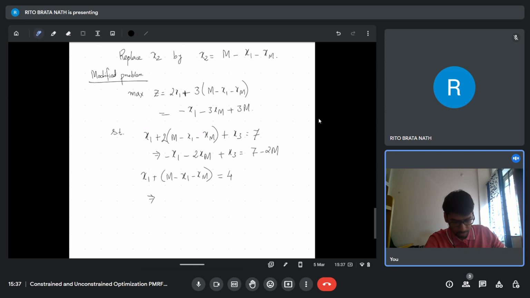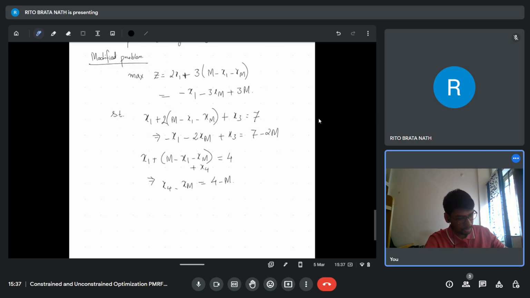So this will be xm, and there should be another x4, right? So this should be x4 minus xm equals 4 minus m. And you have another equation which is x1 plus x2 plus xm equals m.